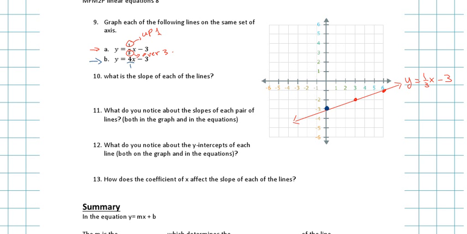This would be my second point. 1, 2, 3, 4 over 1. That would be my third point. Any questions about this?